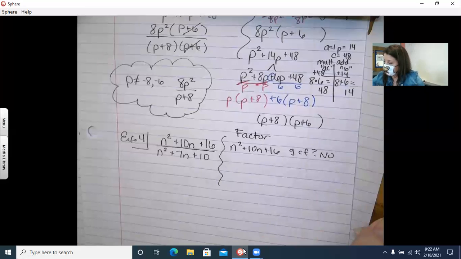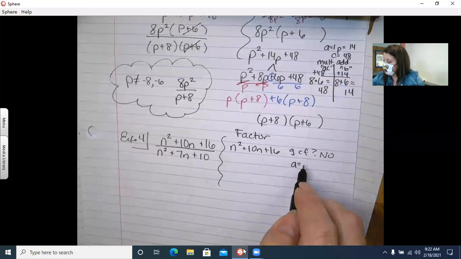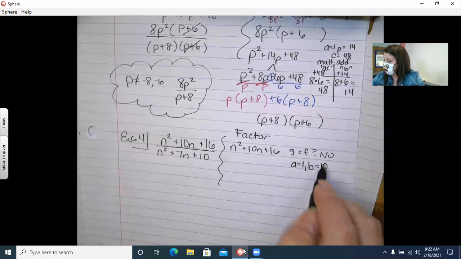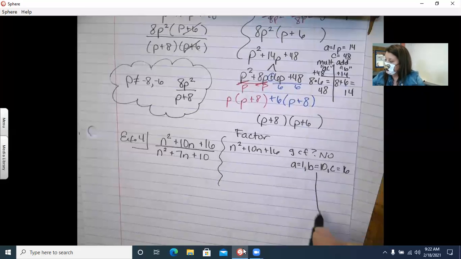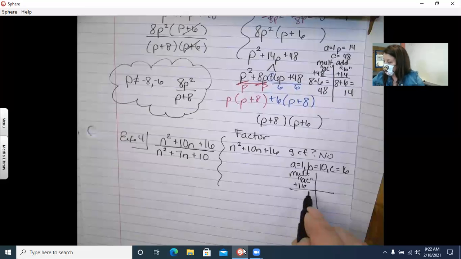What is A equal to? 1. What is B equal to? What is C equal to? So in my little T-chart, I need two numbers that multiply together to give me A times C, which in this case is positive 16, and that add together to give me B, which is positive 10.